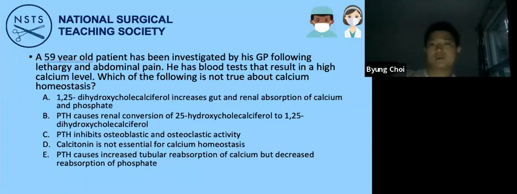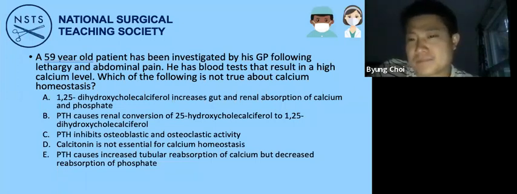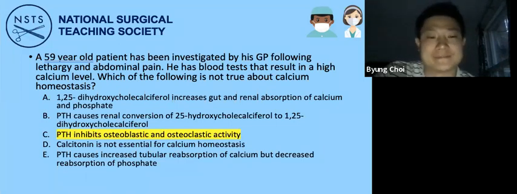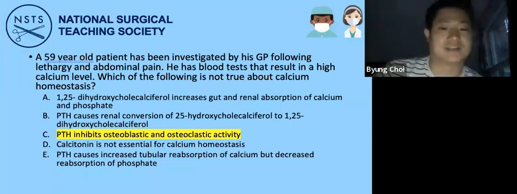Okay, let's end it there. Great. So for this question, the majority of you were split between C and D. And the answer to this question is C. Parathyroid hormone inhibits osteoblastic and osteoclastic activity.